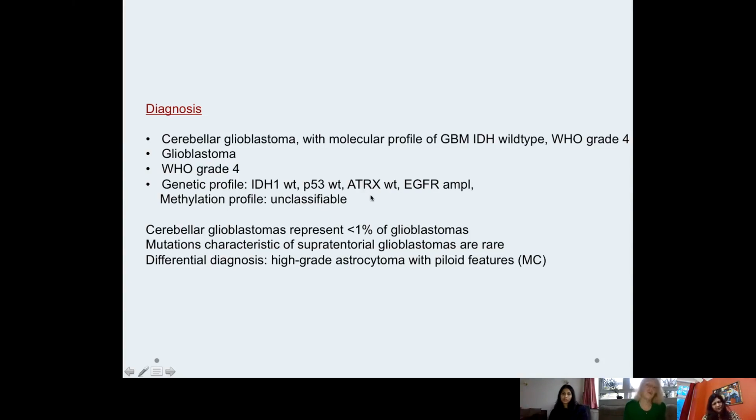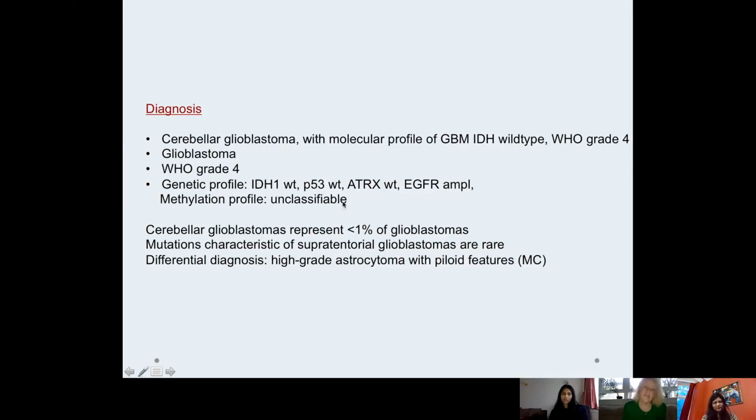And so these tumors do not have a very well-defined genetic profile yet, but they can usually be detected by analysis of the DNA methylation profile.